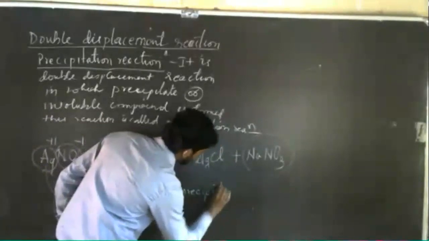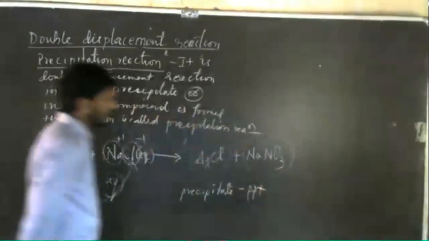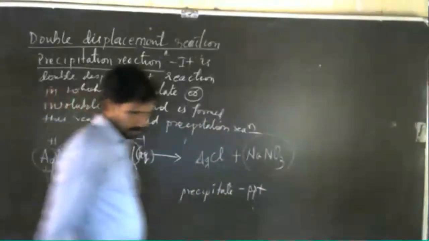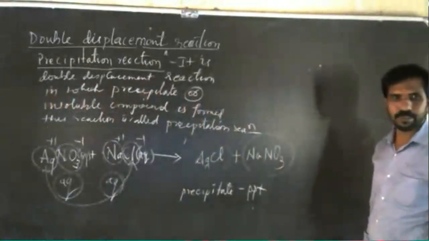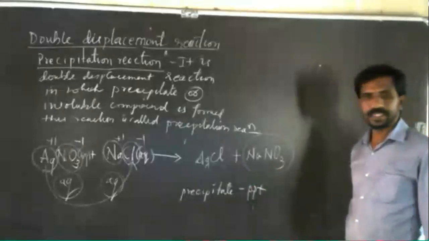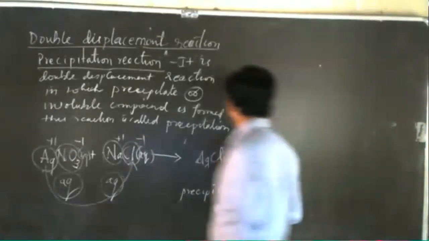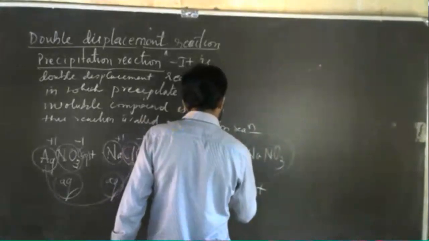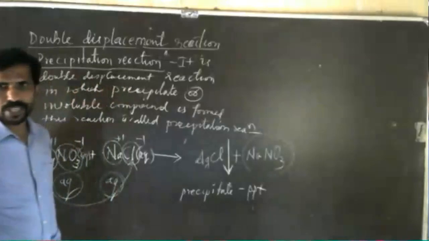An insoluble compound, that is precipitate, is formed and will settle down in the test tube. AgCl is a precipitate over here. The insoluble compound AgCl is represented by a downward arrow mark.